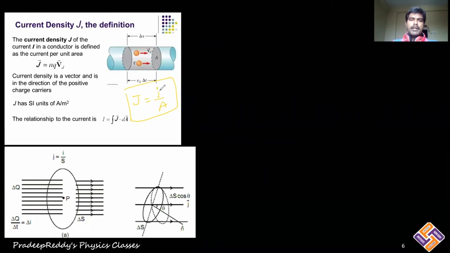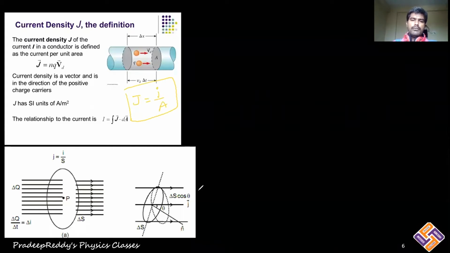Remember that. Current density is a vector quantity, and the unit of current density is ampere per meter square. Ampere is the unit of current and the area unit is meter square.